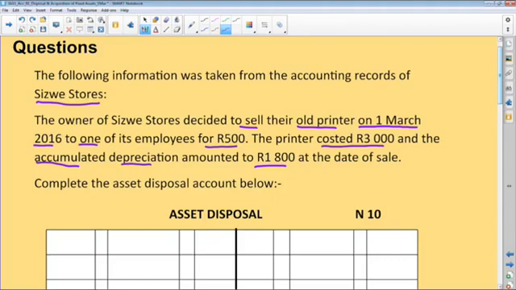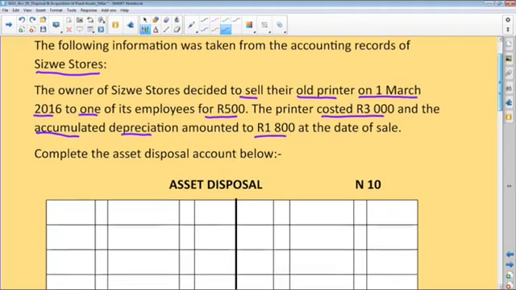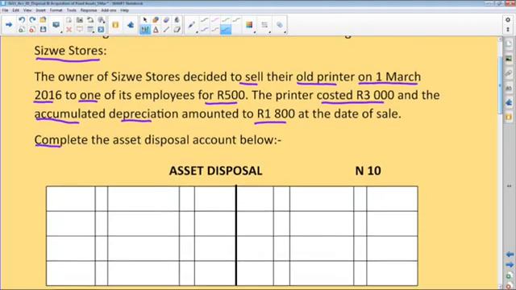So in terms of this question, they want us to simply complete the asset disposal account below. Let's quickly go back to what they've given us. They've given us the cost price, the accumulated depreciation, and very important, it's at the date of sale, so there's no calculation for us.